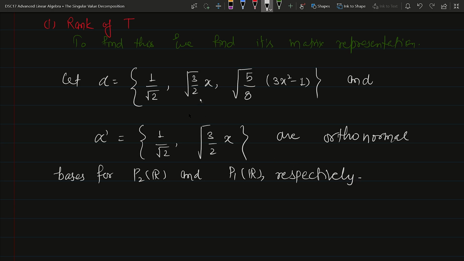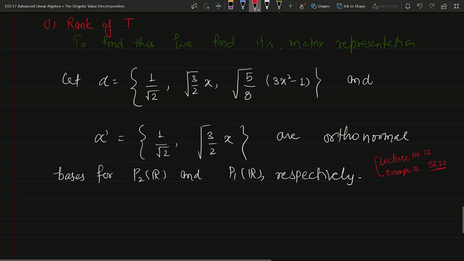ओके, इन दोनों ऑर्थोनॉर्मल बेसिस को हमने लेक्चर नंबर 17 में डिस्कस किया है। You can find lecture number 17 in form of example number 5, and the time duration is 56 minutes 20 seconds. Okay, so in this lecture you can find at this time this whole discussion.